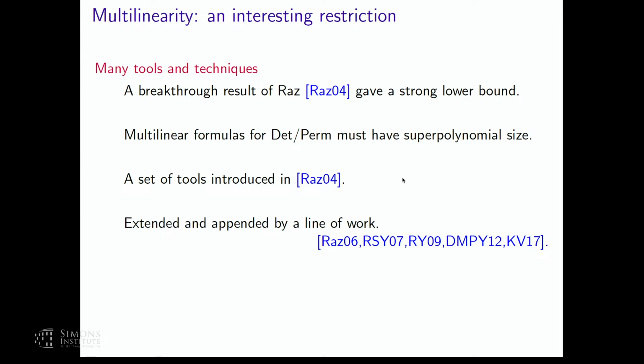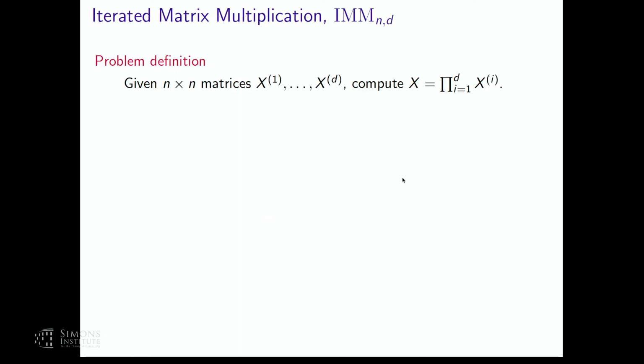Some of these I will talk about in a little more detail in the next few slides. What I just said was that multilinearity is interesting for different reasons. In this talk, I'll be talking about iterated matrix multiplication. This again is a polynomial that all of us know quite well.